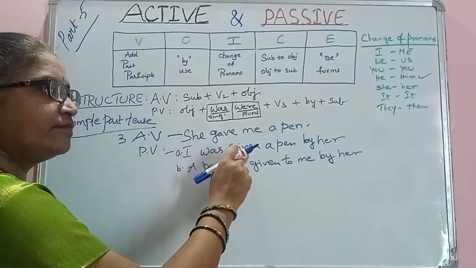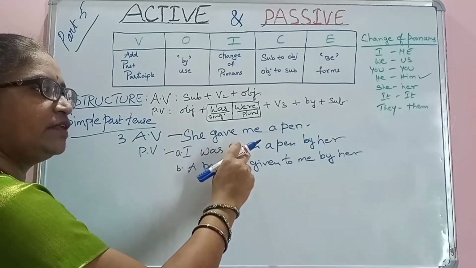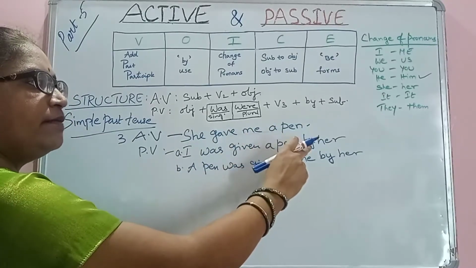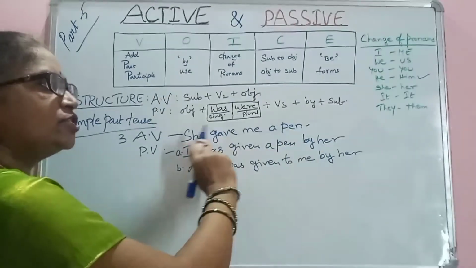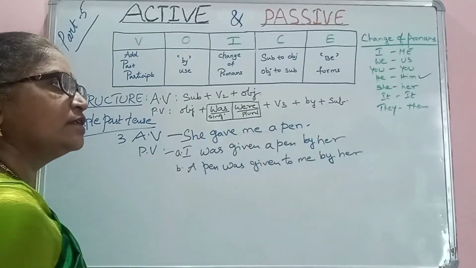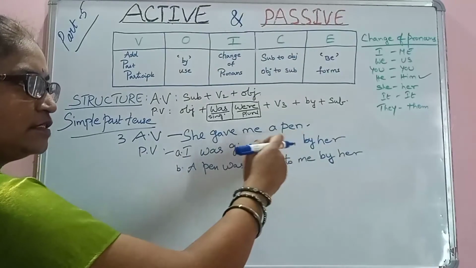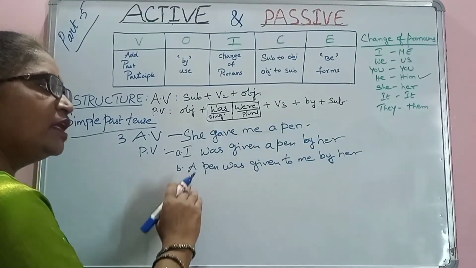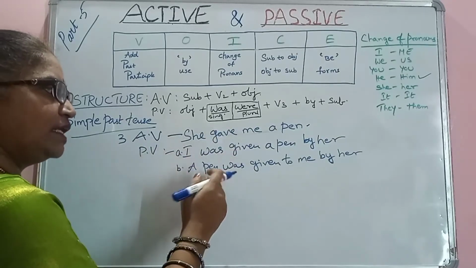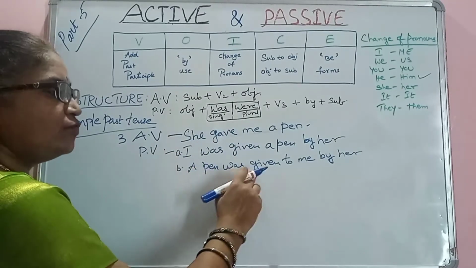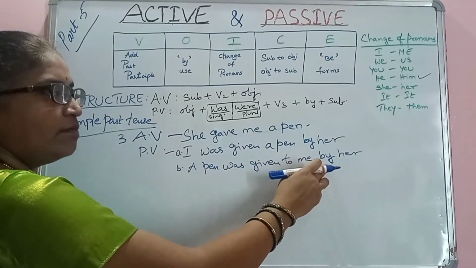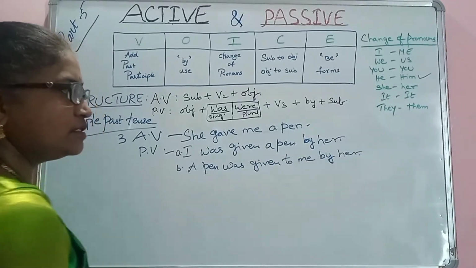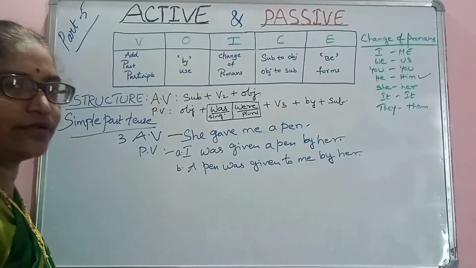Gave is changed into given, a pen is applied here, and she changes into her. When we have two objects, it can be applied either way. In the same way, the other option is: A pen was given to me by her. These two sentences, either way, we can write it.